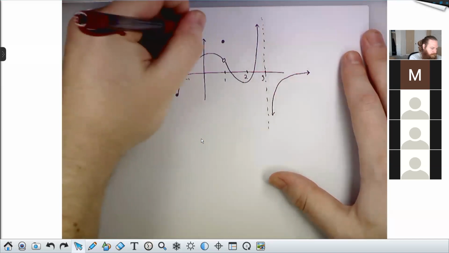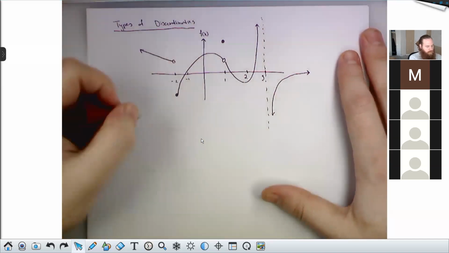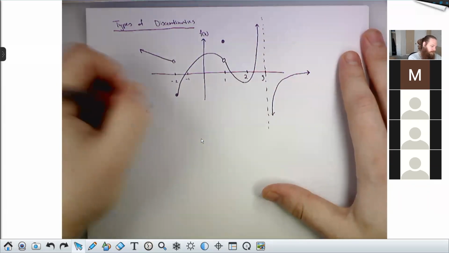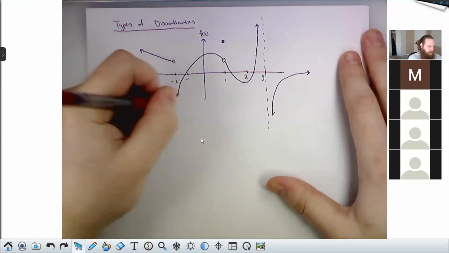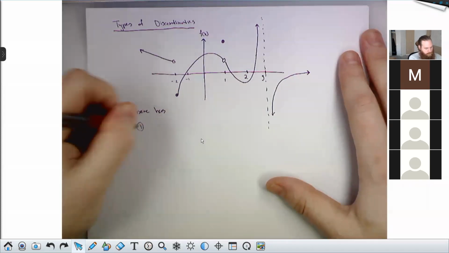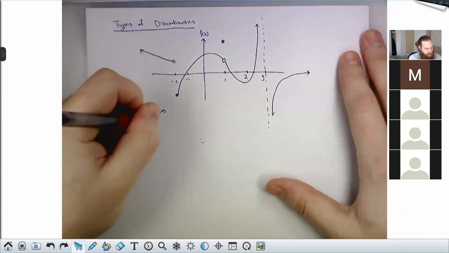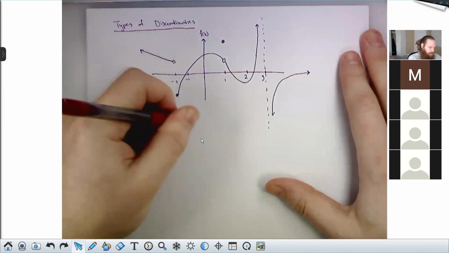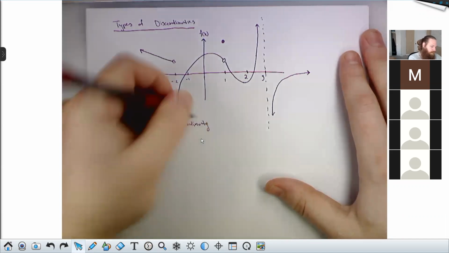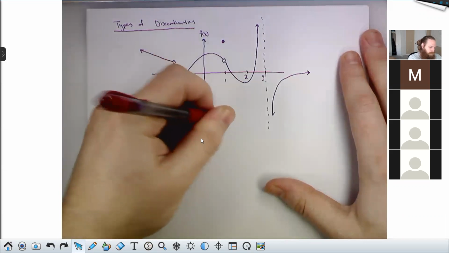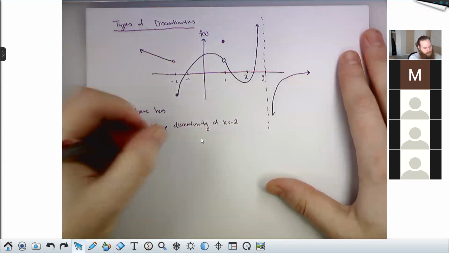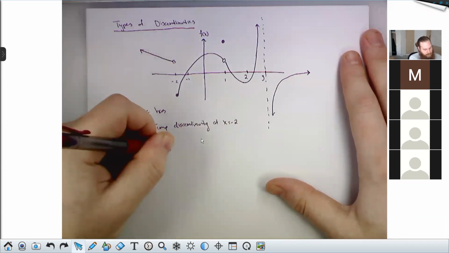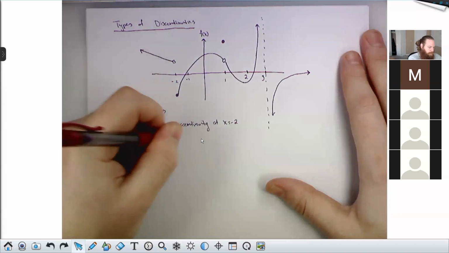So if I call this function f of x, then f of x, as drawn here, has a jump discontinuity at x equals -2. And jump discontinuities are ones where the left limit and right limit are both finite, but they're not equal.